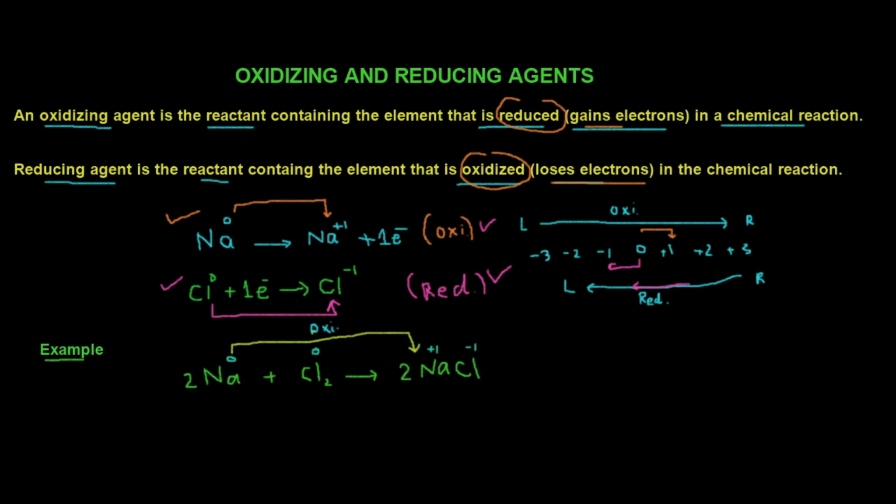While in case of chlorine, chlorine is moving from 0 to minus 1. So what do you mean by this? It means the chlorine atom is showing reduction.